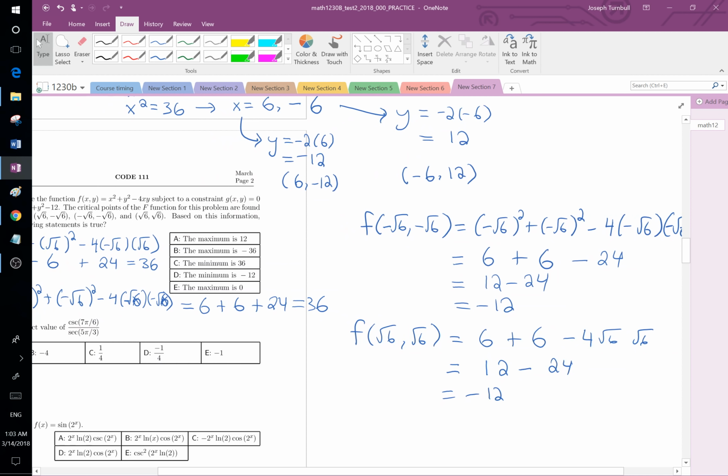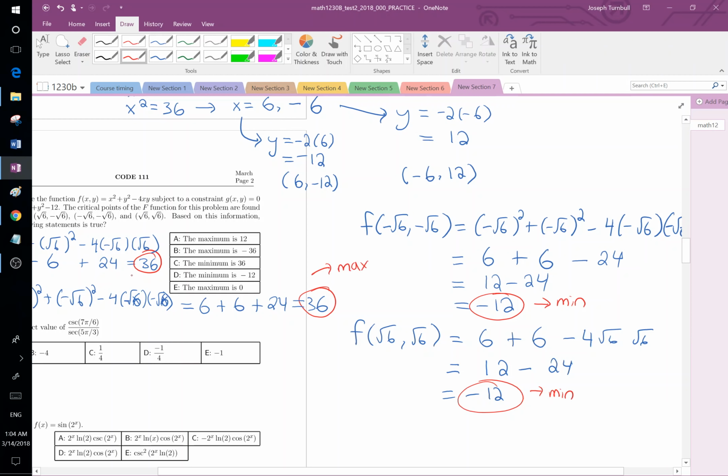And we compare them. Circle the 4 of them. We have a z value, a height of this function at this point of 36 and 36 at the first 2 critical points, and a height of negative 12 and negative 12 at the second 2 critical points. So negative 12 is the global min, the minimum of the function, and 36 is the max.